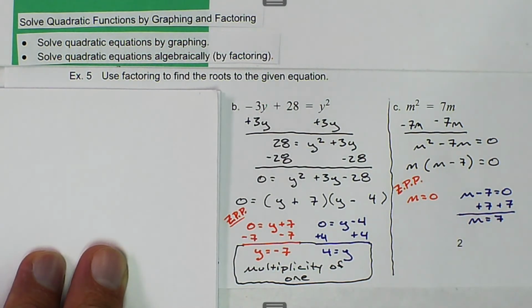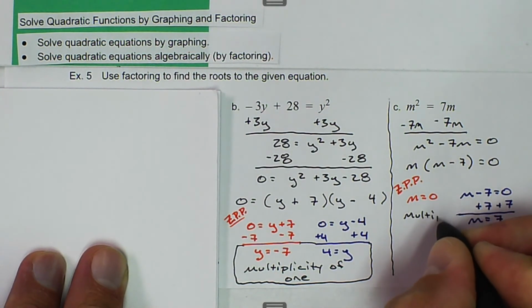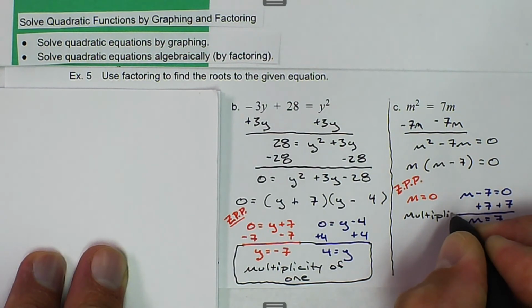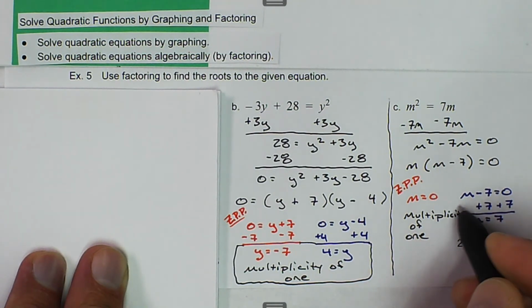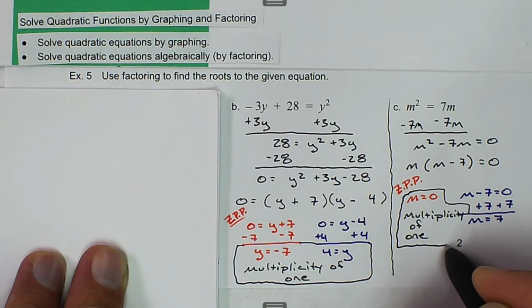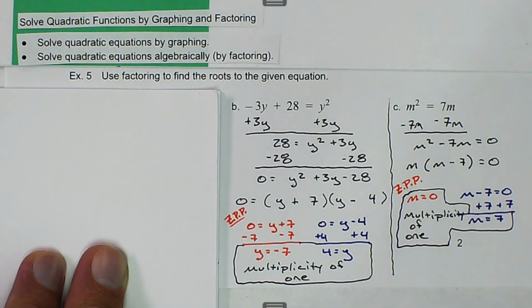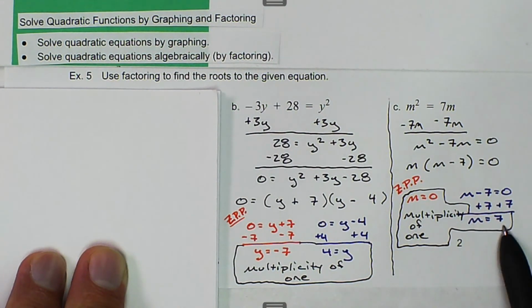So this has a multiplicity of 1, so we have two distinct solutions, m equals 0 and m equals 7.